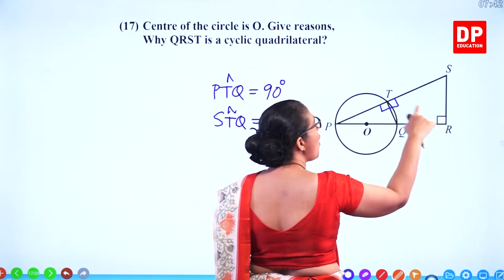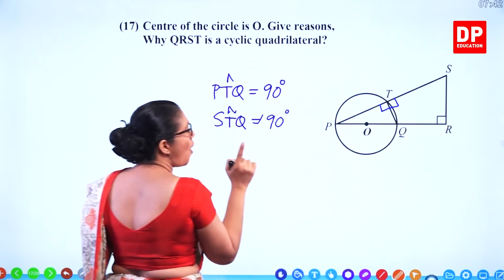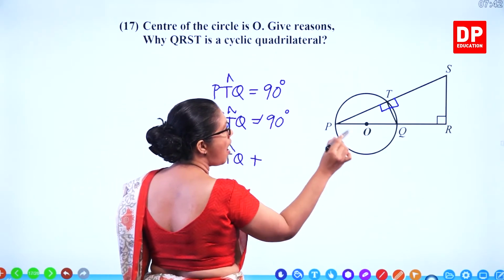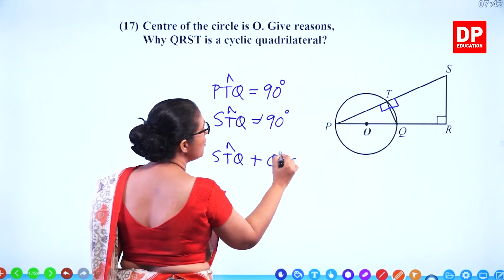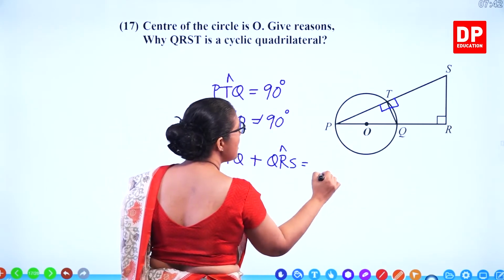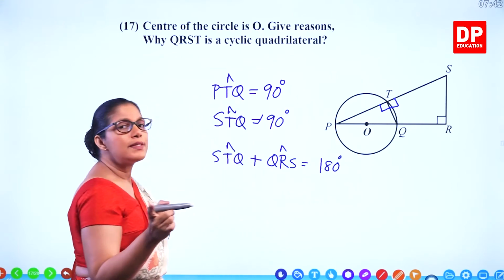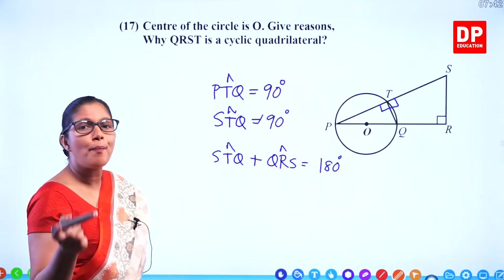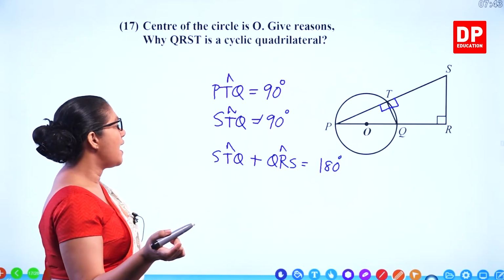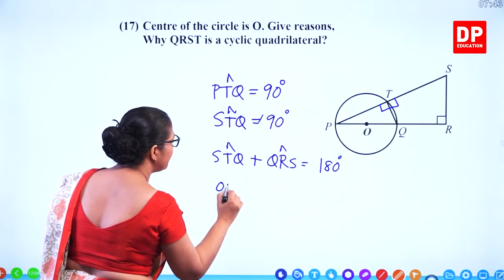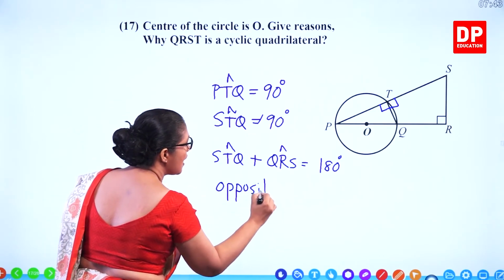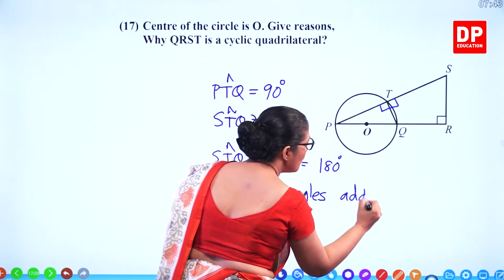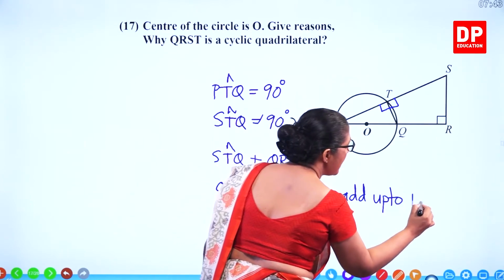Now look carefully at the opposite angles. The opposite angles STQ and QRS. When you add them, 90 and 90 becomes 180. Opposite angles add up to 180. That's a property of a cyclic quadrilateral. So opposite angles add up to 180.